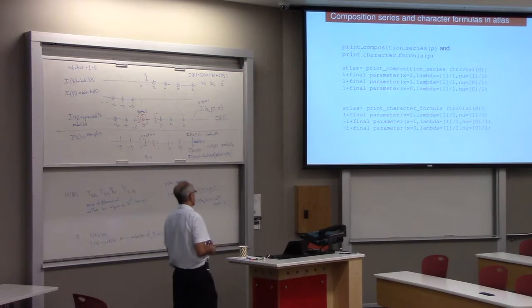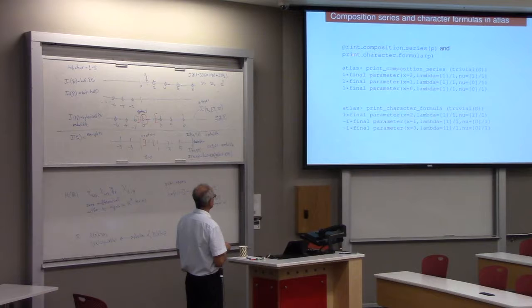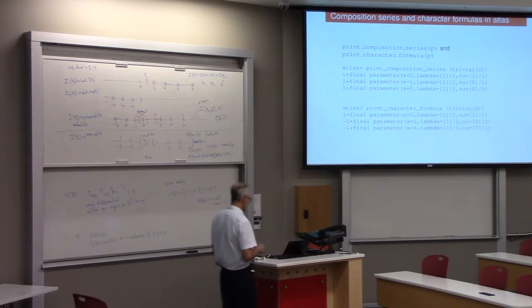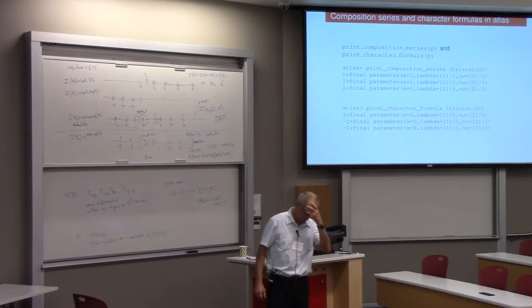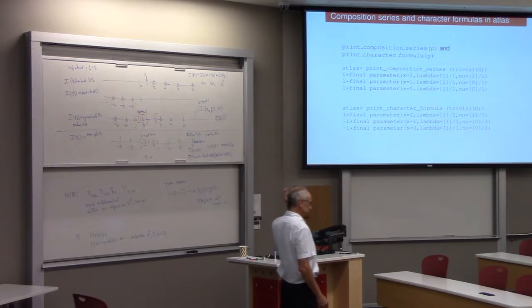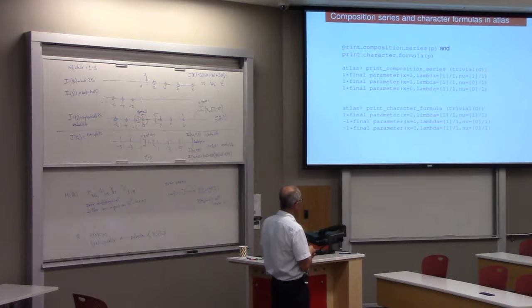Oh yeah, let me just wrap up. There are 2 commands in Atlas: print composition series of P and print character formula of P. And this is an example where you have to be aware of what P stands for. When I say print composition series of trivial of G, the composition series is only a question you would ask about a standard module.